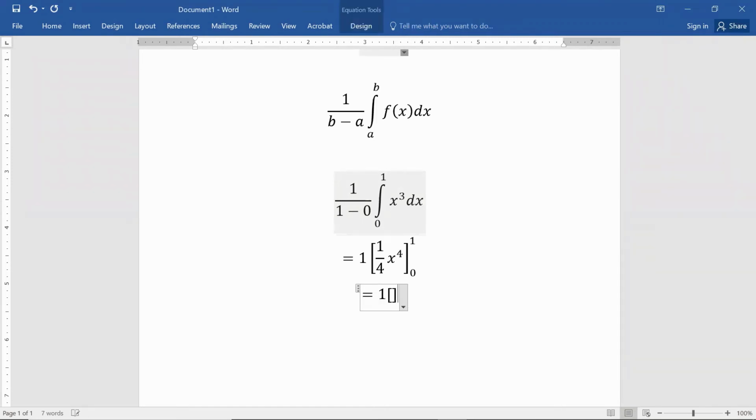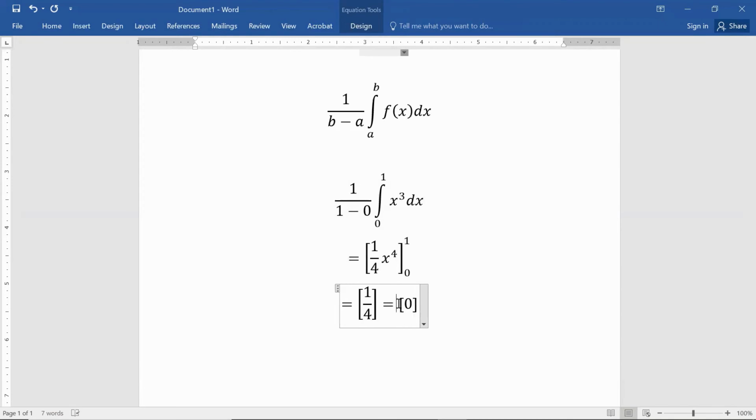If I plug in 1, I get 1 times 1/4 times 1 to the 4th. I'm not going to write 1 to the 4th because 1 to the 4th times anything is just 1. In fact, if you want to leave off that coefficient of 1, you can do that as well. When you plug in 1, you get a 4th.